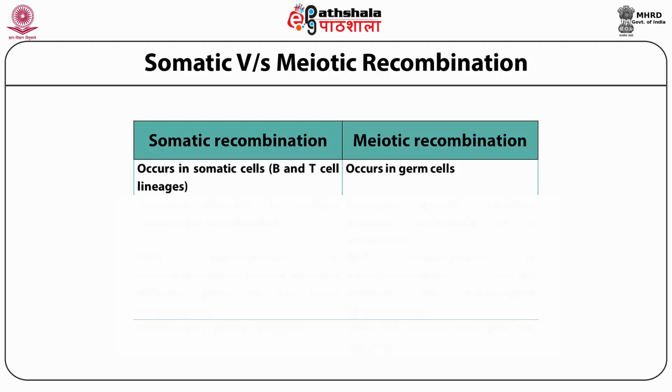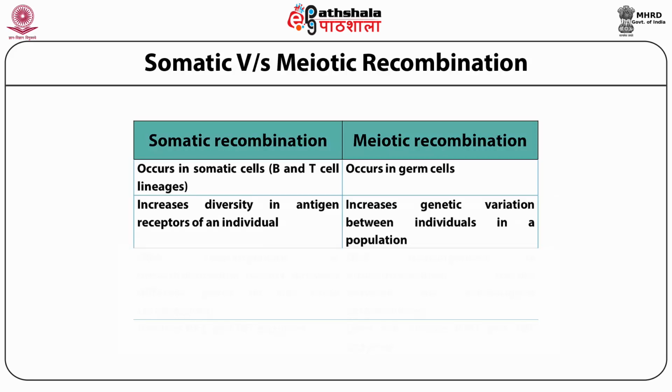This is different from meiotic recombination, which also involves DNA rearrangement but occurs during gametogenesis only. Other points of differences between these two types of DNA rearrangements is that somatic recombination increases the diversity in antigen receptors within an individual, while meiotic recombination increases genetic variation between individuals in a population.